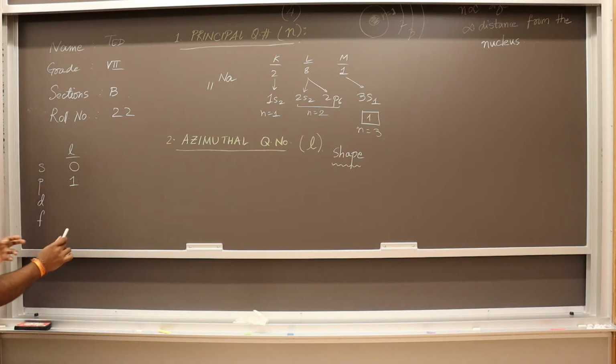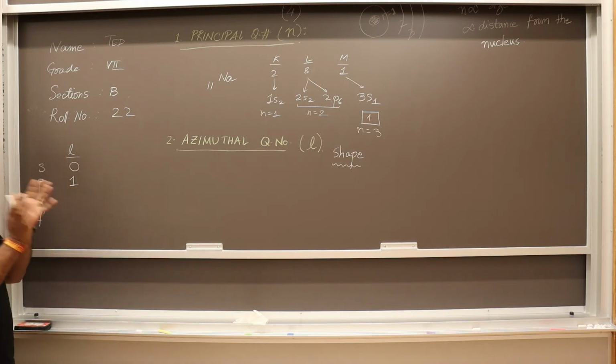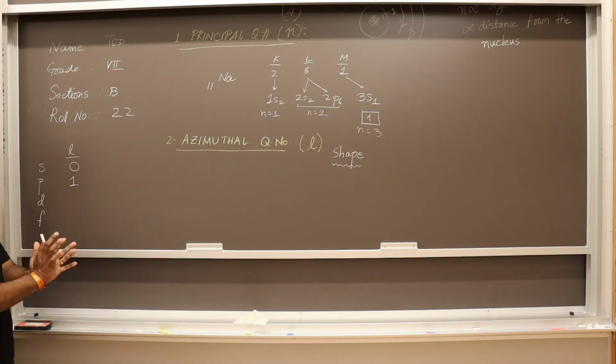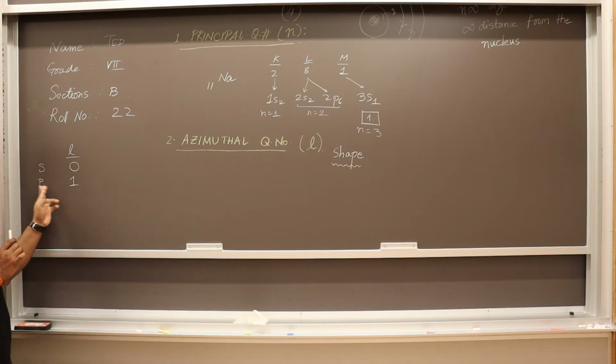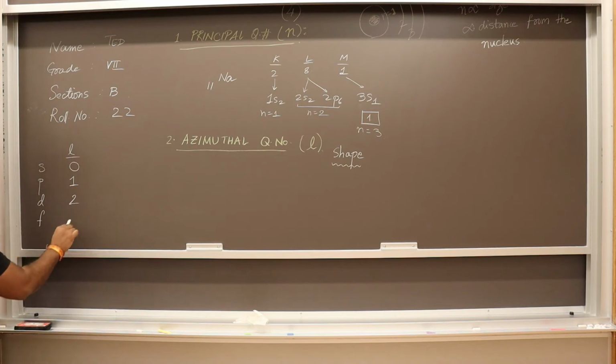So any orbital which is p, like it can be 3p, 4p, whatever, if I ask you what is the azimuthal quantum number of an electron that is going to an orbital 4p, the answer will be 1, because the azimuthal quantum number of any p orbital is 1. Okay, similarly 2 and 3 for d and f respectively. Okay, this is as simple as that.